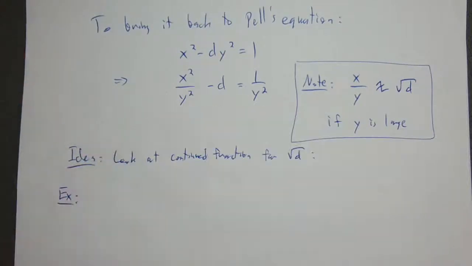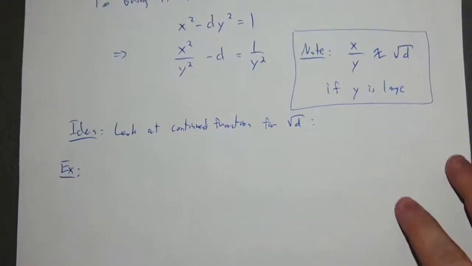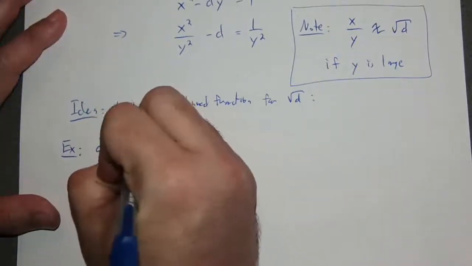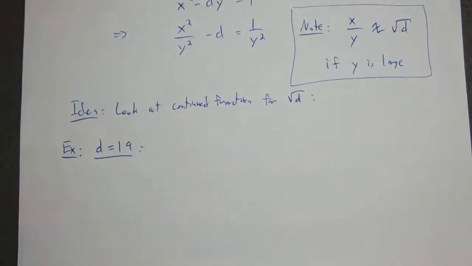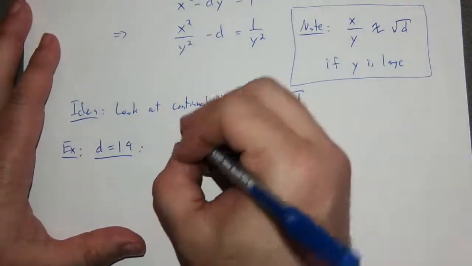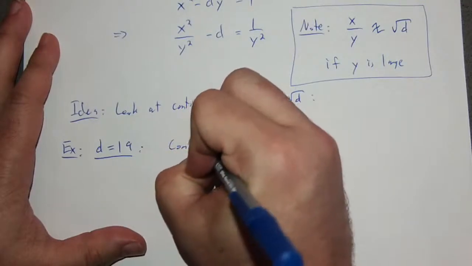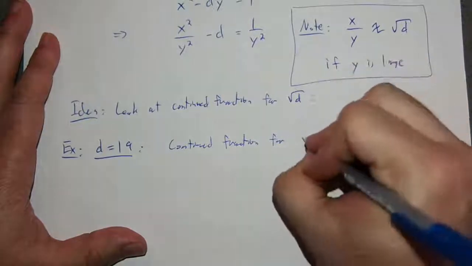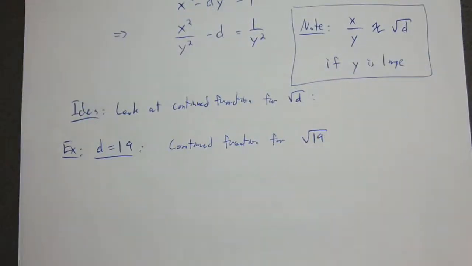Let's do this for the Pell's equation that we solved earlier today using the Chakravala method. If d is equal to 19, then I'm looking at the continued fraction for the square root of 19, which you can find using the exact same method we used for pi.